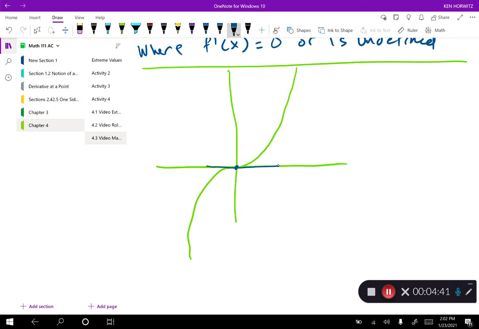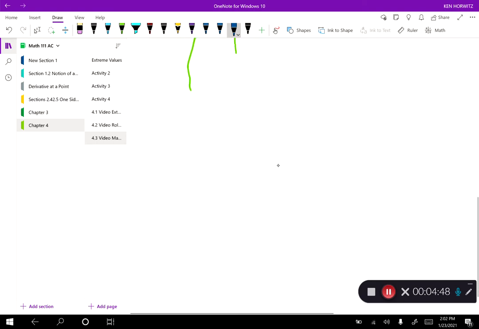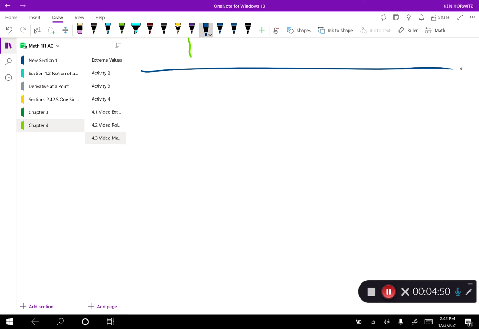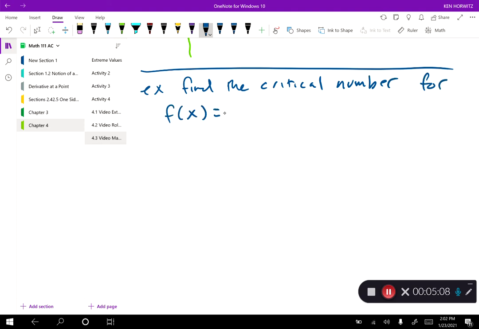All right, so let's take a moment to find some critical numbers, and then we'll try to start putting it together with maximum or minimum. So my example: find the critical number for f of x equals x to the 3/5 times 4 minus x.